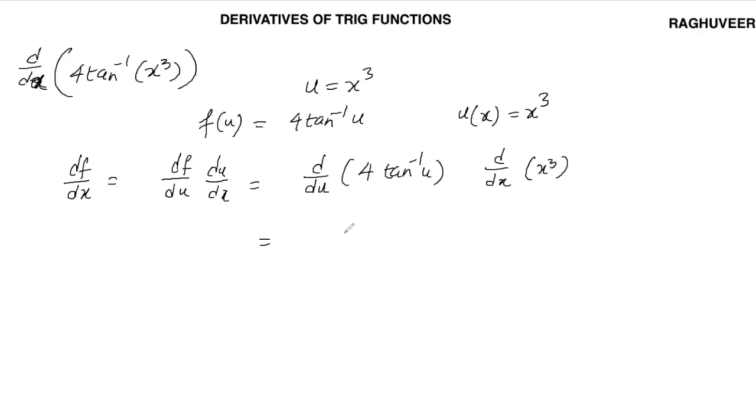So tan inverse gives 1 by 1 plus u square, and this is 3x square. So this is 12x square, and u is x cube, so this will be 1 plus x to the power of 6.